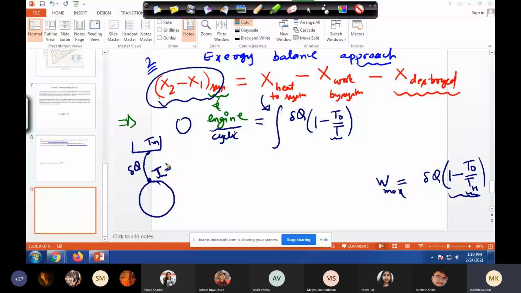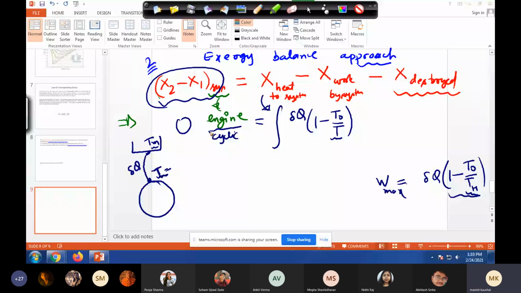This heat transfer is reversible. So when you say exergy by heat, it means the maximum energy available for work given to the system, and that is only possible if you keep the temperature of the system equal to the reservoir temperature.